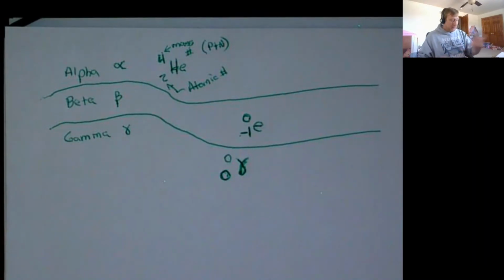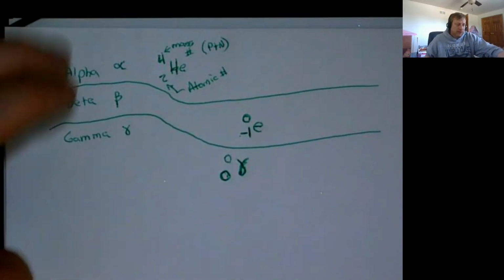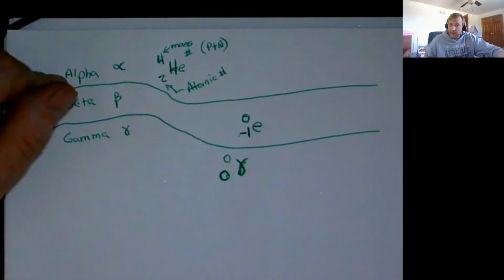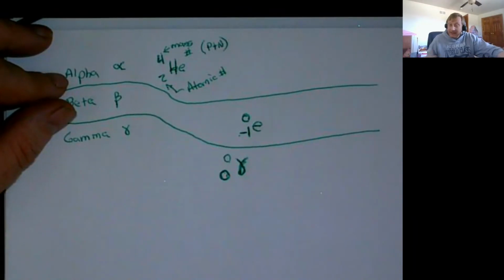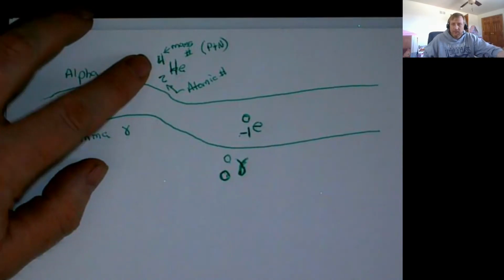Just before I move on into the actual practice, we're just really briefly talking about the danger profiles of these, or how they might be dangerous to us as humans. First off, alpha. These are pretty large. Relatively speaking, in the world of subatomic particles, these are pretty honking big.